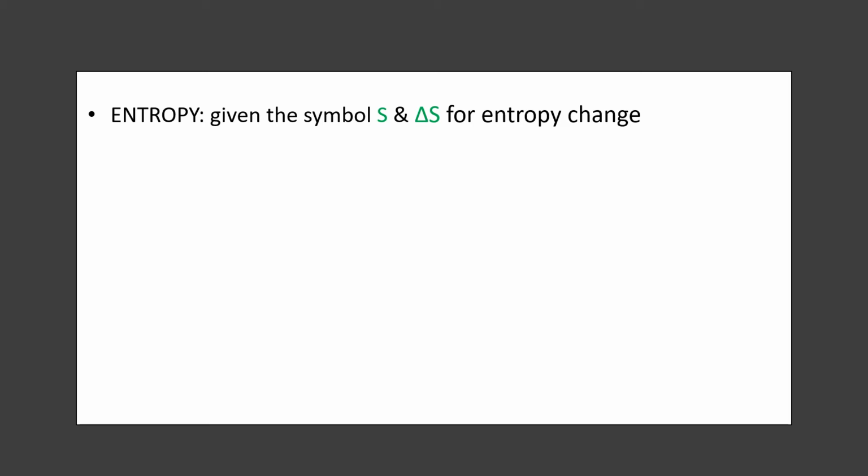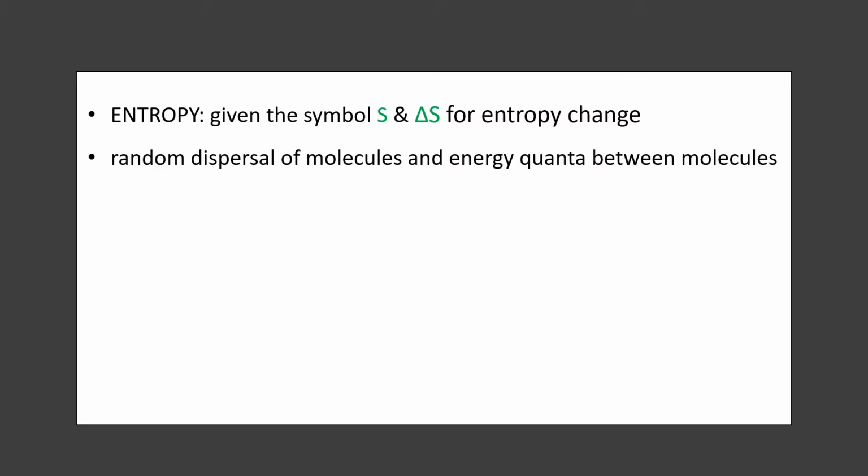And when we talk about entropy changes, we would use delta S, similar to delta H you would have used for enthalpy changes. Entropy can be defined as the random dispersal of molecules and energy quanta between molecules. Quanta can be defined as indivisible units of energy or packets of energy.